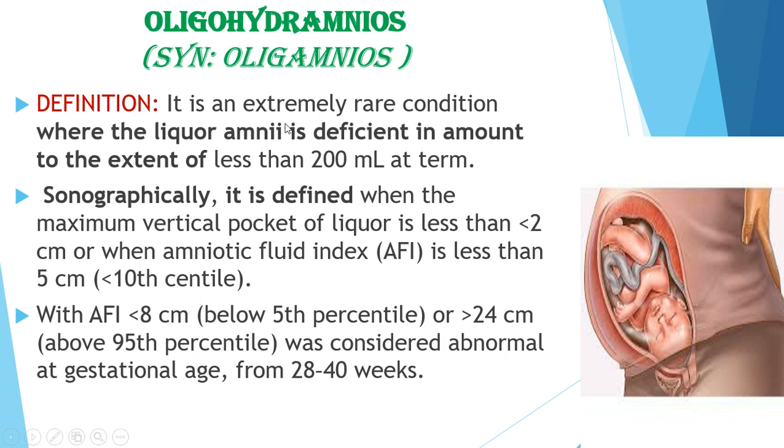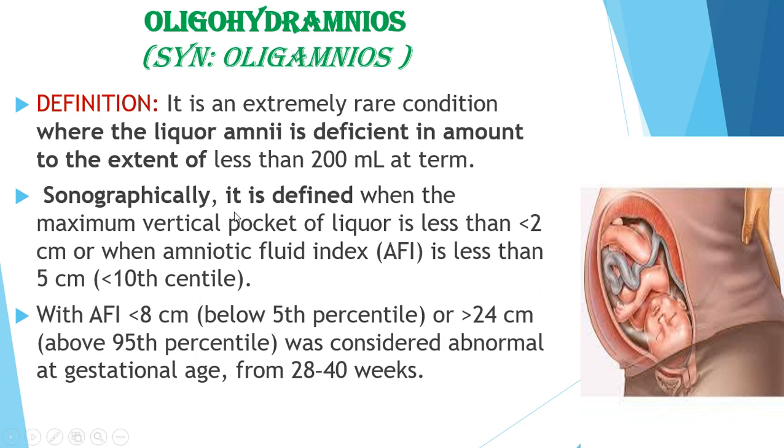Definition: it is a rare condition where the liquor amnii is deficient in amount, to the extent of less than 200 ml. The normal amount is 500 to 1000 ml, up to 1500 ml. If less than 200 ml, it is known as oligohydramnios.